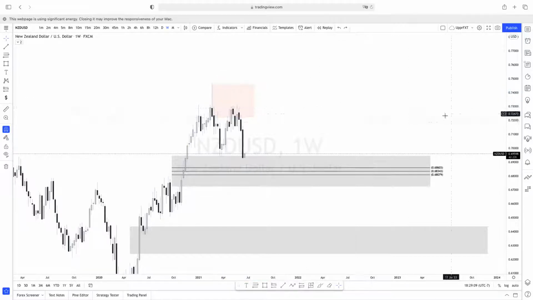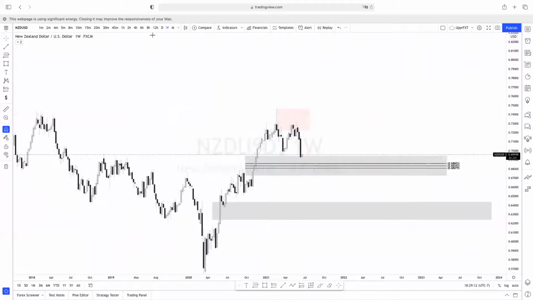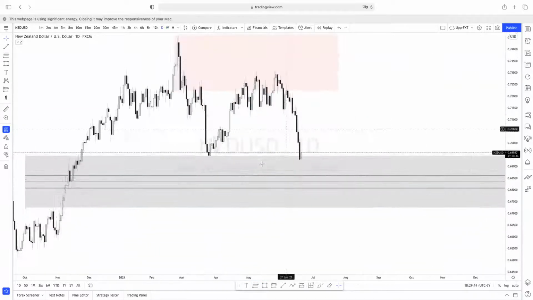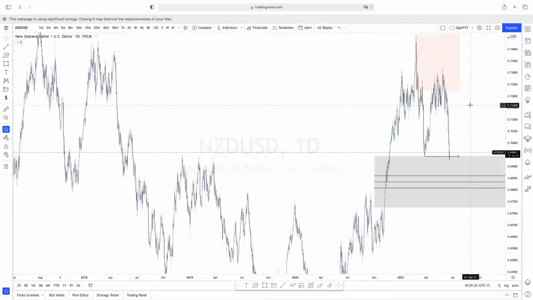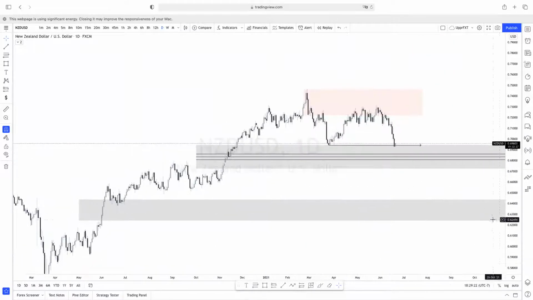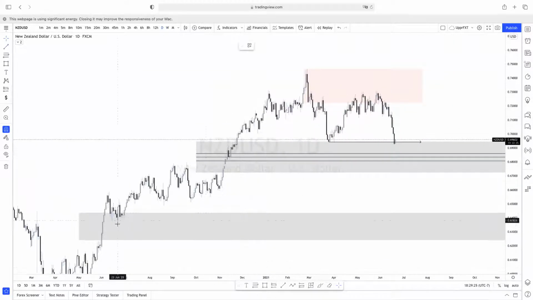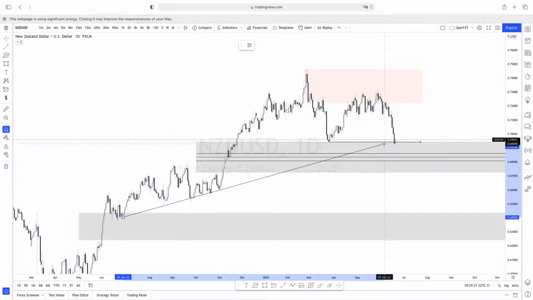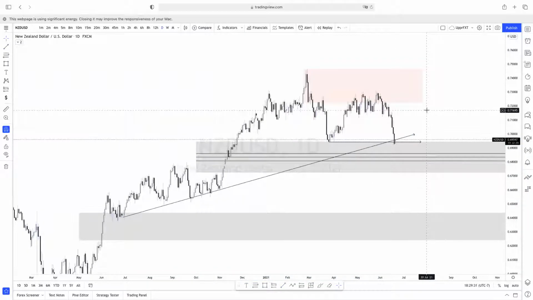On these higher time frames, price mitigated that, tried to drive lower, broke more structure, right? Break these lows, coming into this imbalance just a little bit at the moment. On the daily, I still see there's liquidity that needs to be taken. Looks like it's being mitigated just a little bit right now. This trend line.